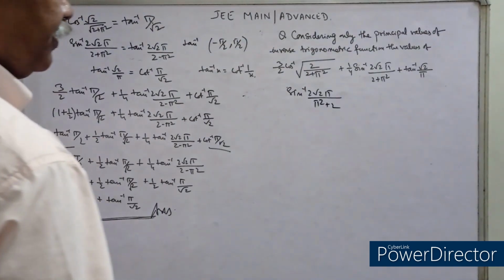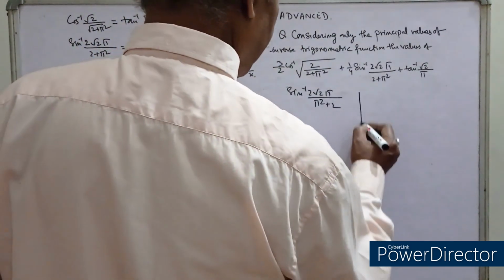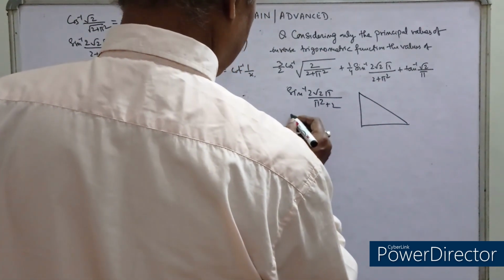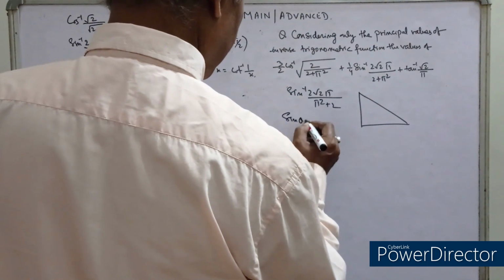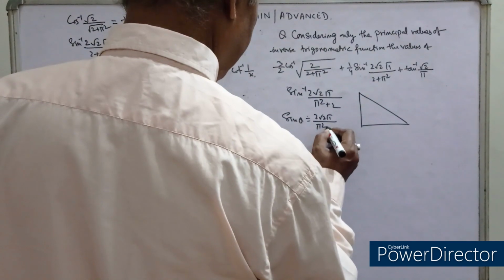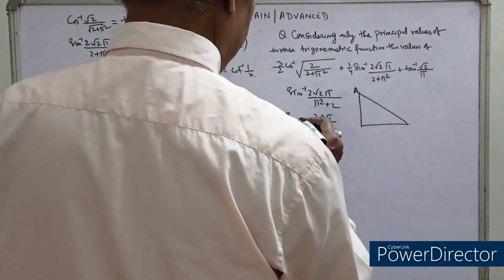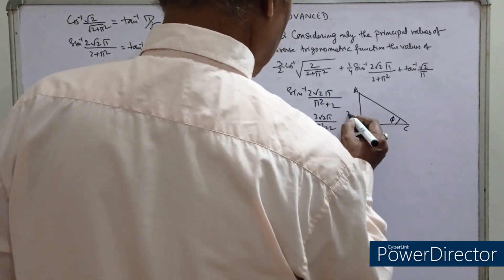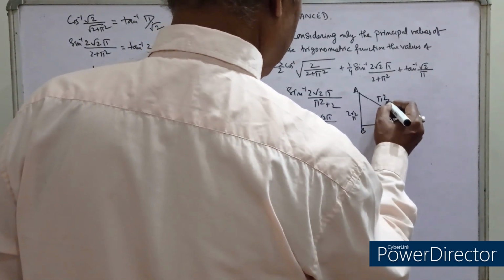If we take this triangle, here sine theta will be 2 root 2 pi by pi square plus 2. So taking this triangle ABC, the perpendicular is 2 root 2 pi and the hypotenuse is pi square plus 2.